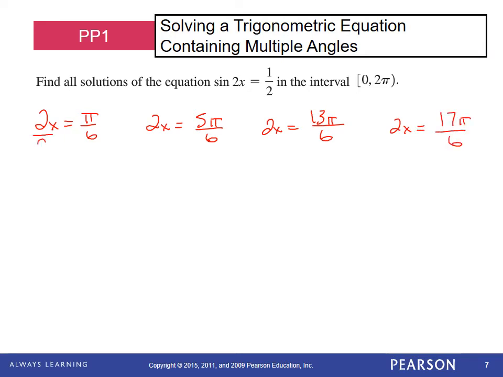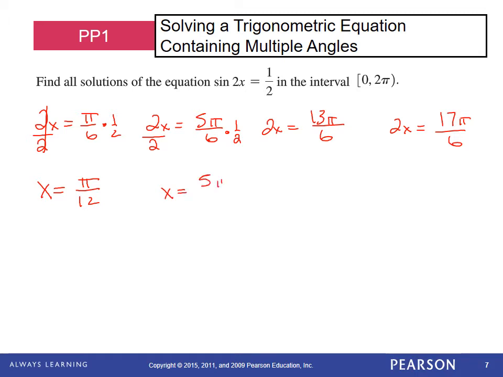So all we do, divide by 2 over here. Multiply by 1/2. Perfect. That cancels, x is equal to pi over 12. That will be one of our answers. Divide by 2 here. Multiply by 1/2. And you can see, yes, of course, there is going to be a little pattern.